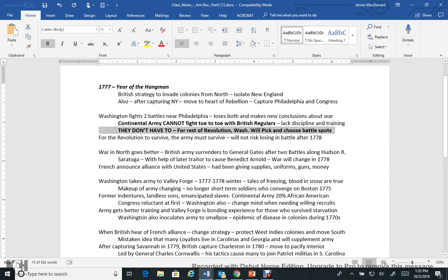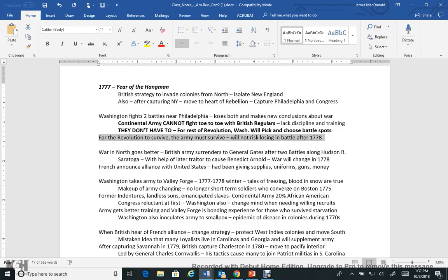For the revolution to survive, Washington says the army must survive. And so he's going to pick and choose where his battles will be against the British. And when he goes into battle, always have an escape plan, always have a plan that doesn't risk losing the army. Because it seems now the American people are kind of lackluster in supporting the war.